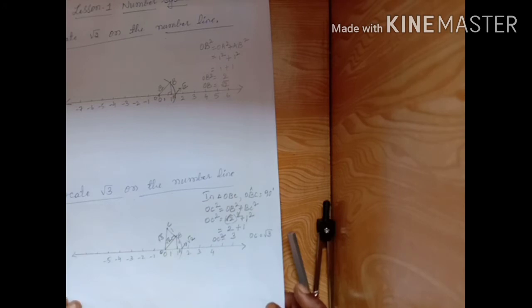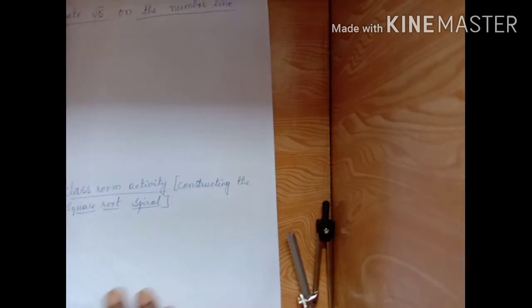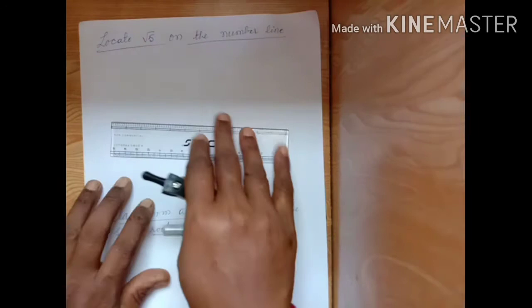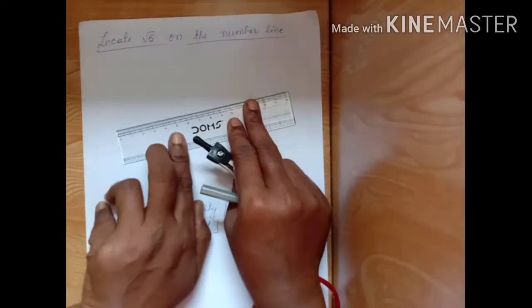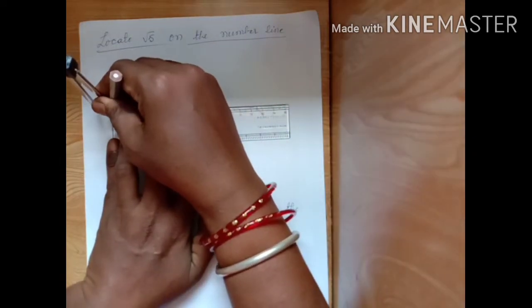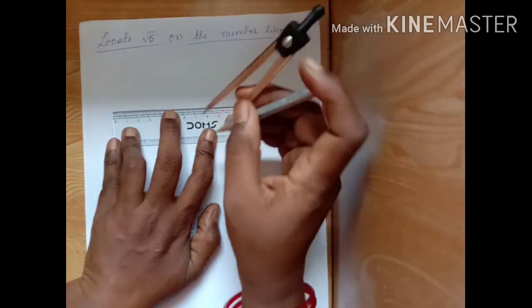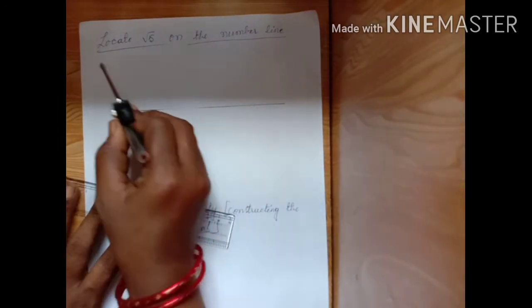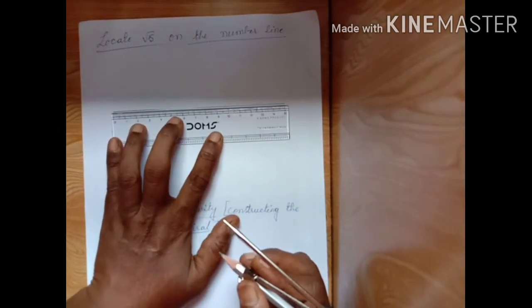Root 2, root 3 we understood. Now next, let us locate root 5 on the number line. How to locate root 5 on the number line? For that we have to do the same as we did for root 2 and root 3. We have to draw a number line. Let us draw a number line here. Each division should be how much, children? 1 centimeter.